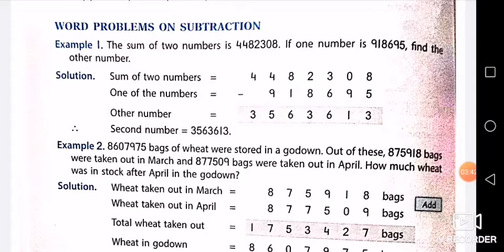If I give you that the total population of a village is 10 lakh 50,535 and the number of men is 5 lakh 45,520, find the number of females or number of women. So how are you going to find it out? Total population is given, number of men you will write, and then you will subtract the number of men from that total population. This is one of the cases.